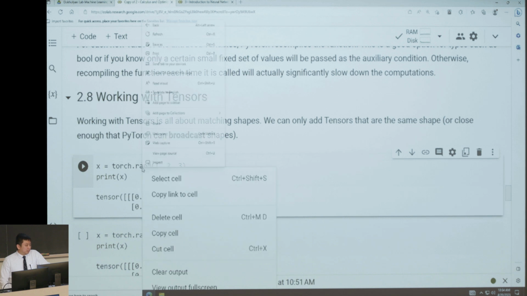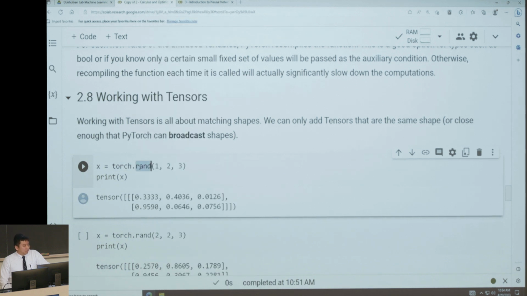So there's this function in Torch which creates a random matrix with values sampled from 0 to 1 uniformly. So you provide it with a shape. So these 3 numbers are the shape, 1, 2, 3. And it gives you an array or a tensor that's that shape.